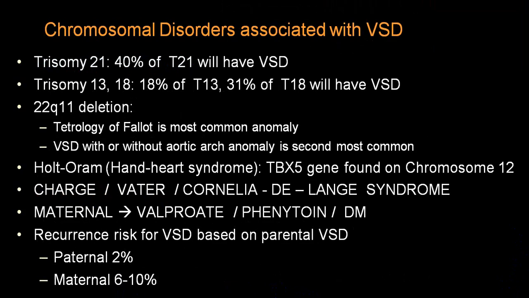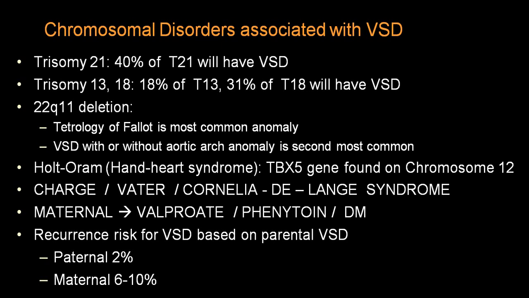Trisomy 21 accounts for 40% of ventricular septal defects, while trisomy 13 and 18 account for 18 to 31%. Tetralogy of Fallot is the most common anomaly associated with ventricular septal defect, with overriding of aorta, infundibular pulmonary stenosis, and right ventricular hypertrophy. Holt-Oram syndrome, the hand-heart syndrome, is also one of the common causes.